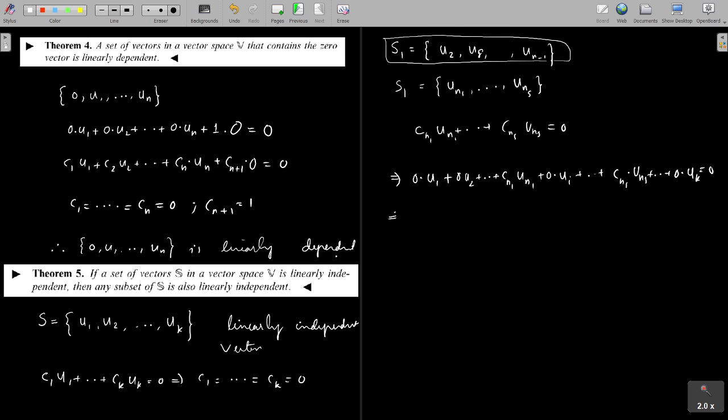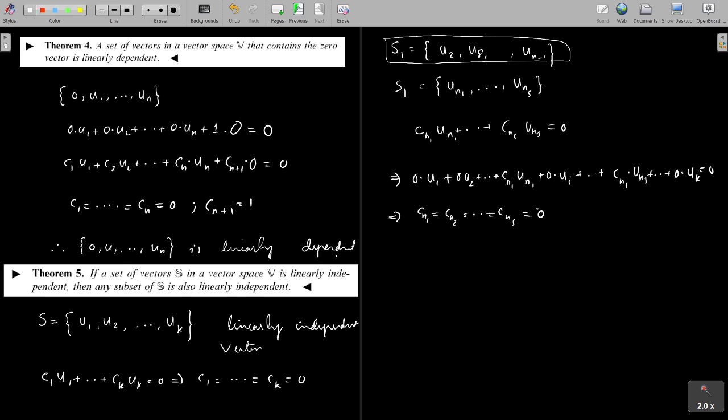Now you can get an expression like this. This is an expression of elements of S with some coefficients. But whenever this expression is 0, all these coefficients are 0. In particular, Cn1 equal to Cn2 equal to etc. Cns equal to 0 due to the linear independence of these vectors.